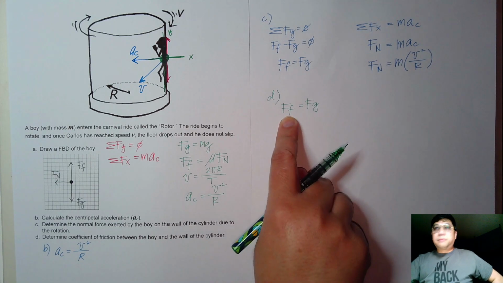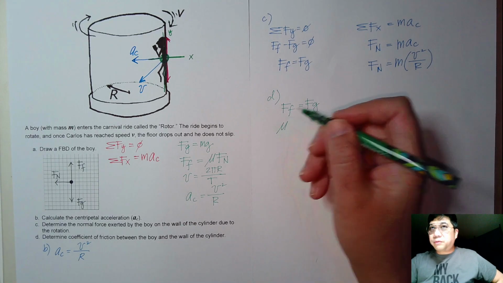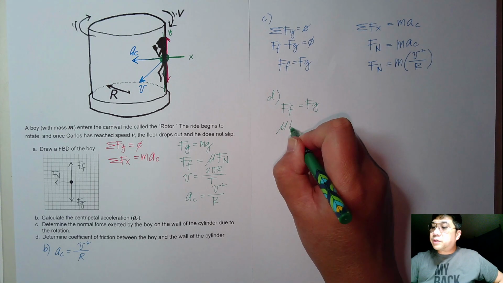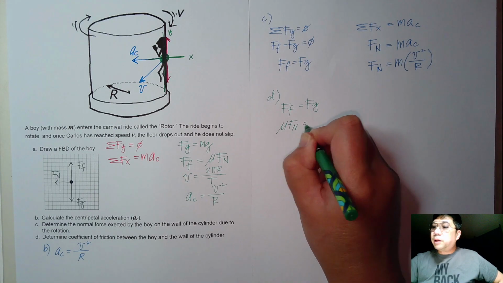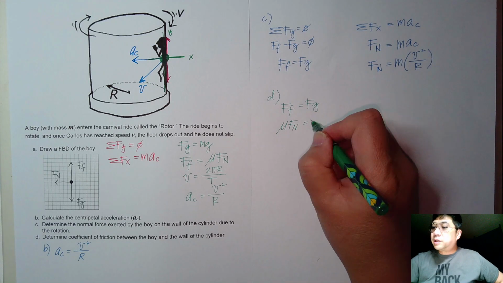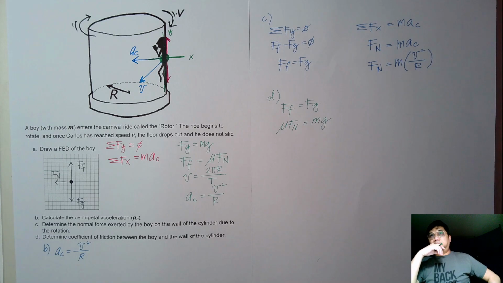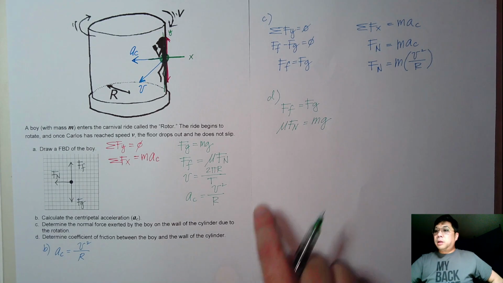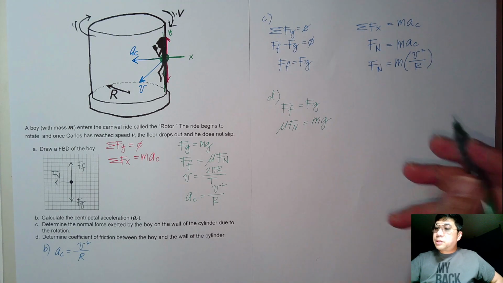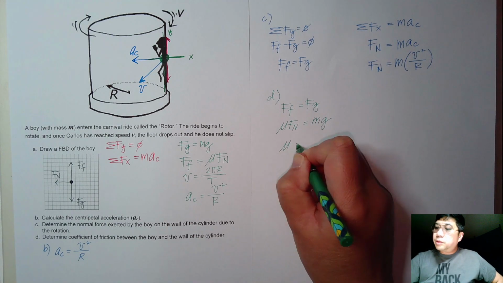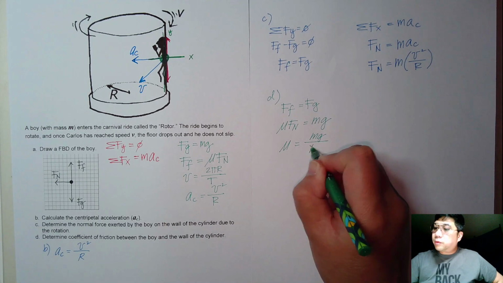And the force of friction is mu, which is the coefficient of friction, multiplied by the normal force, equivalent to Fg, which is simply the mass multiplied by g. Another step that we need to do is to divide both sides by the normal force, which will give us mu is equal to mass g over the normal force.